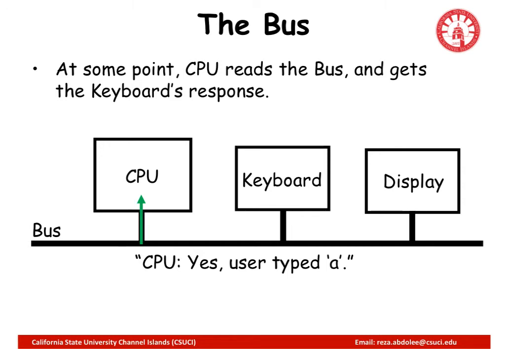Since the CPU is the recipient of this message, it reads it, sees that the message is from the keyboard, and understands that the user typed A. So it grabs A and probably stores it in one of its temporary registers. The display also received the message, but since it's not the recipient of this message from the keyboard, it simply discards that message.